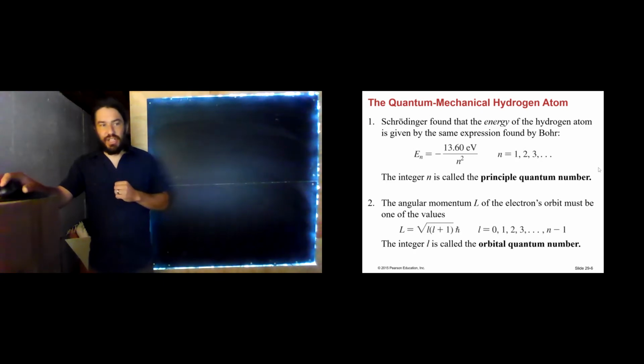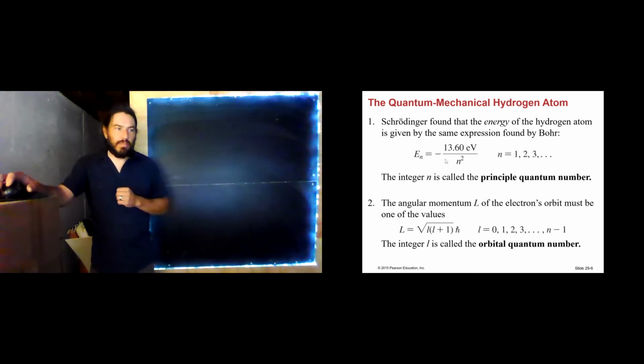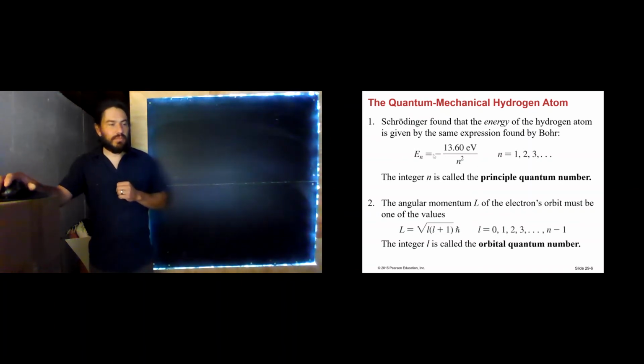The first is the energy, and we've already seen this. So the energy of an atom is determined by its principal quantum number. This is the energy level. And so for the quantum mechanical hydrogen atom, that's given by this formula. The angular momentum is also quantized. And the angular momentum L of the electron's orbit must be one of these values. So h bar, recall, is h divided by 2 pi.